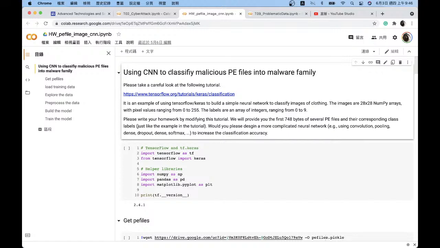As we mentioned before, a PE file is a file that has several different headers, several different payloads, and several different sections to store the information about a program. The idea is simple: no matter whether a program is written in Java or in C, if you want to deliver your malicious software to victims, you have to compile it into a PE file.